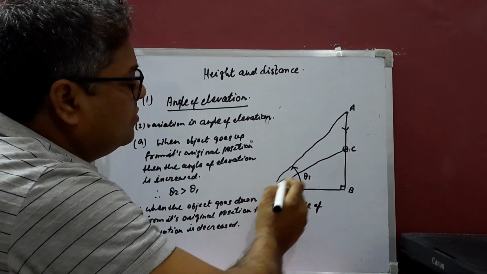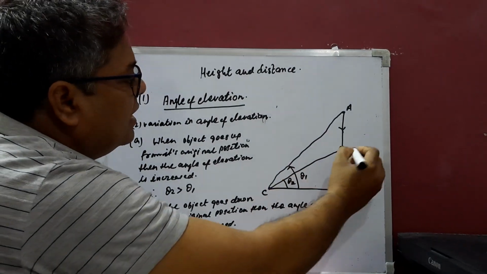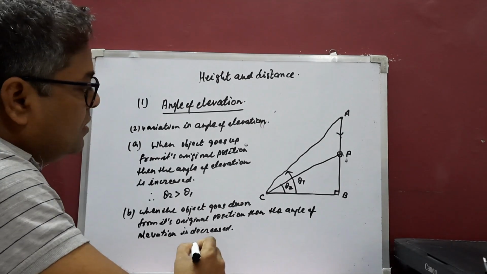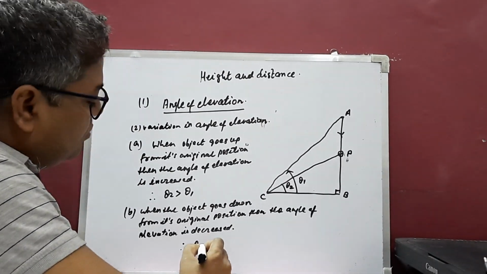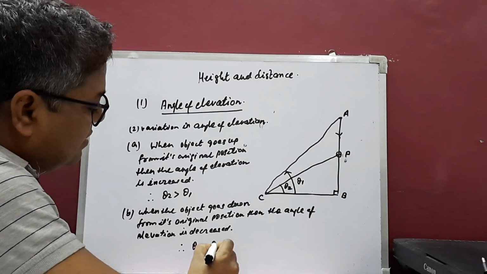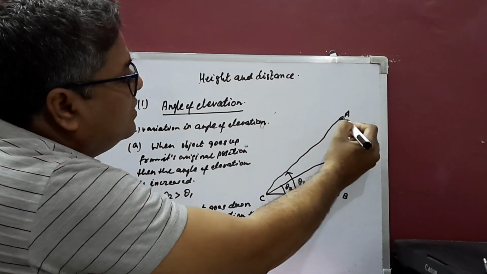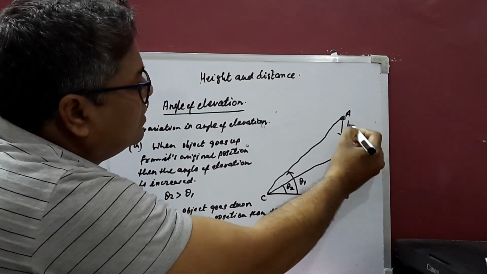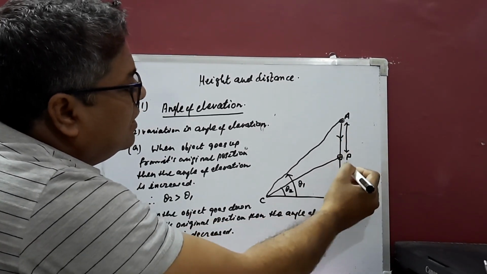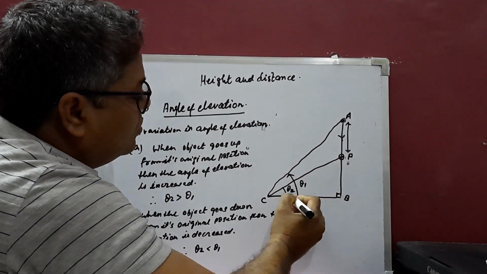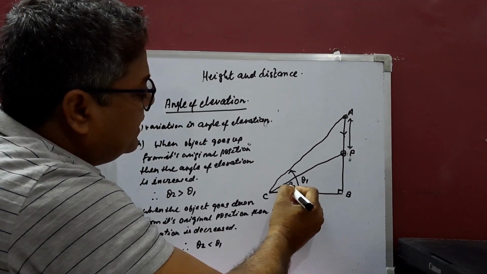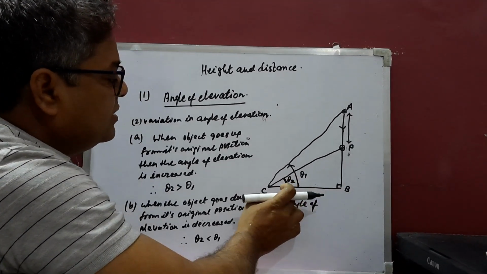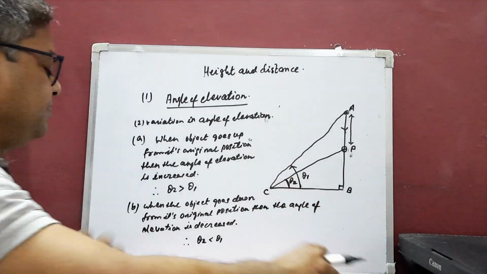We will say that this is C and this is B. This is the original position and the object has come below this, and this is the final position. So this is the final angle of elevation and this is the original angle of elevation, and hence theta 2 is less than theta 1.